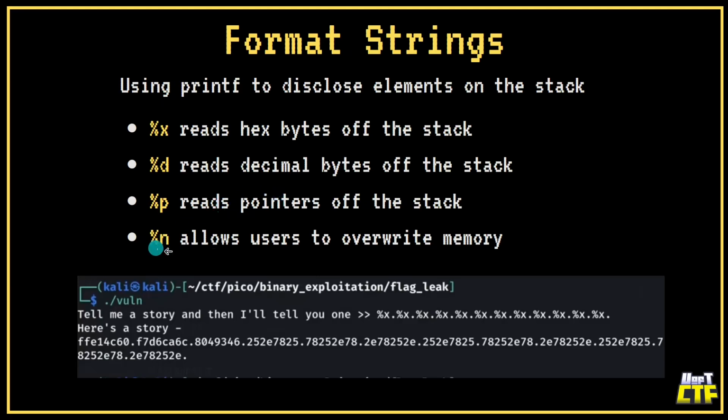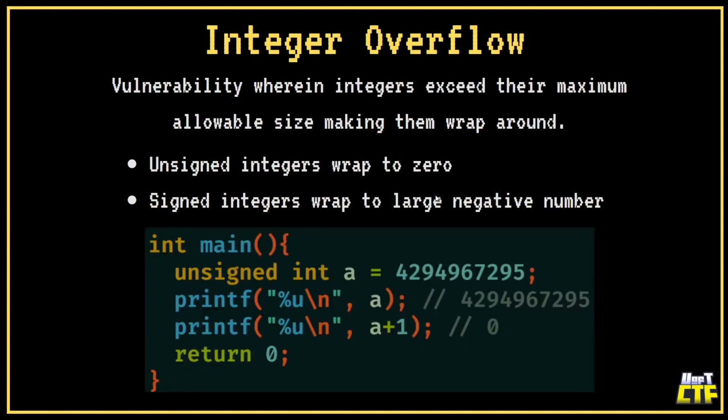And %n allows you to overwrite memory as well. Format strings are kind of a weird vulnerability, but it exists, and you can leak stack canaries and addresses with it. You can do some pretty cool stuff with it. So anytime you see a scanf or printf, you can think about a format string.